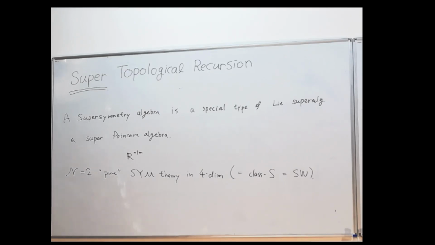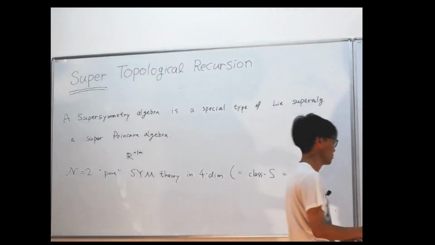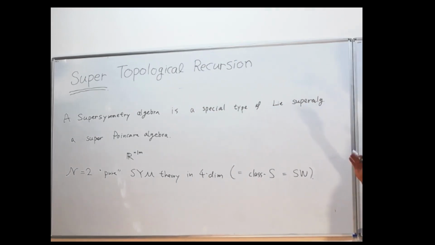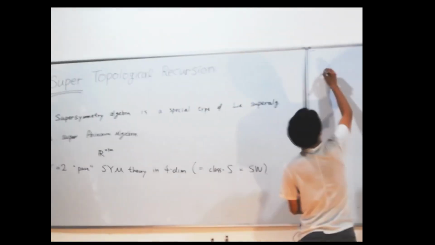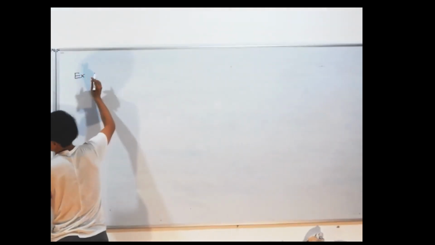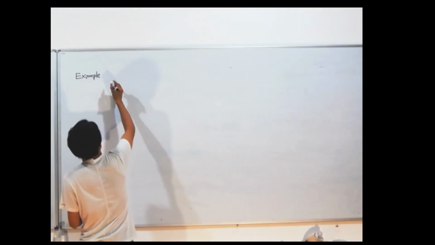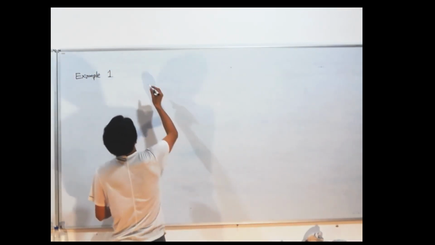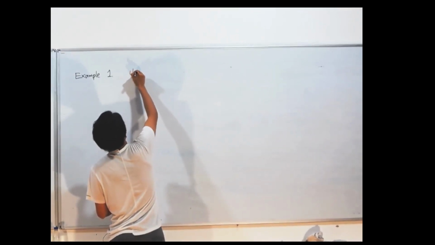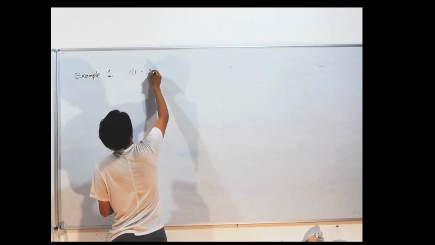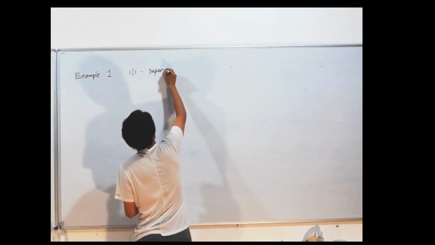But for this lecture, we will focus only on three particular supersymmetry algebras. The first example, instead of giving a definition, is the 1|1 supersymmetry algebra.